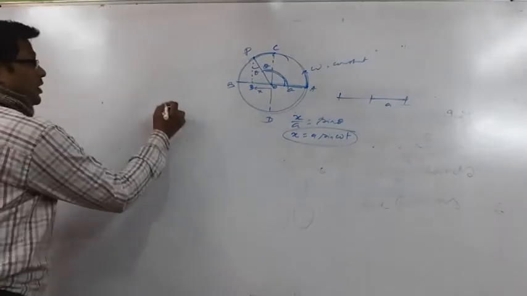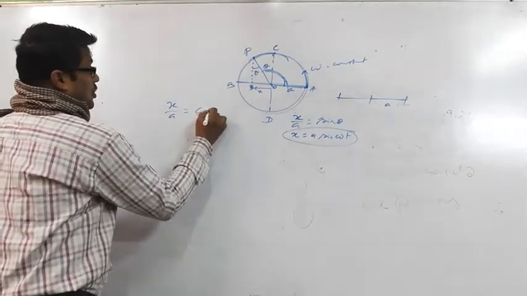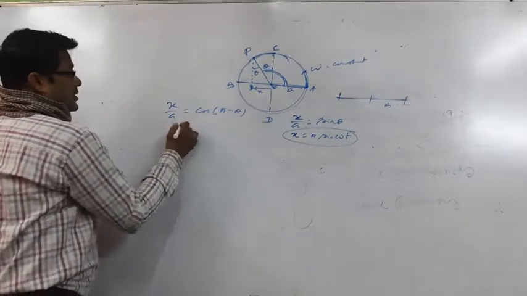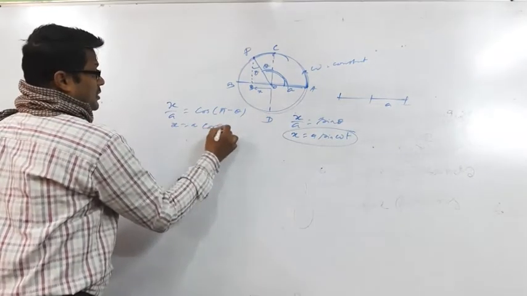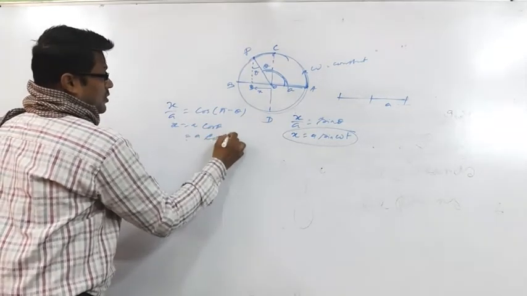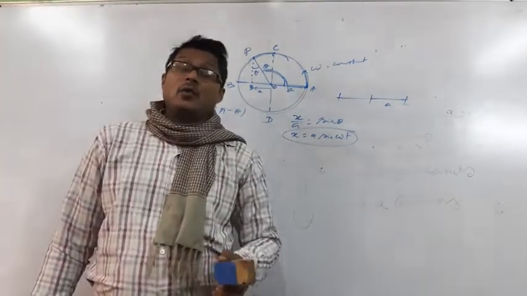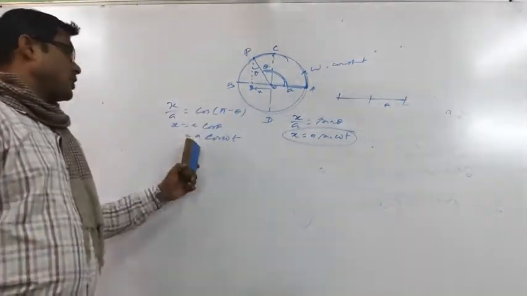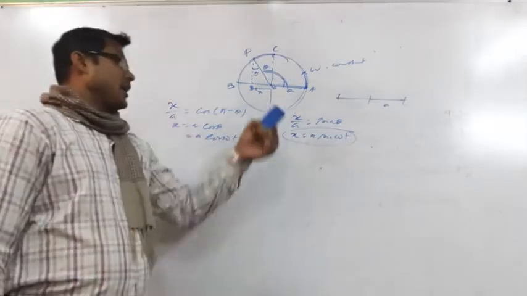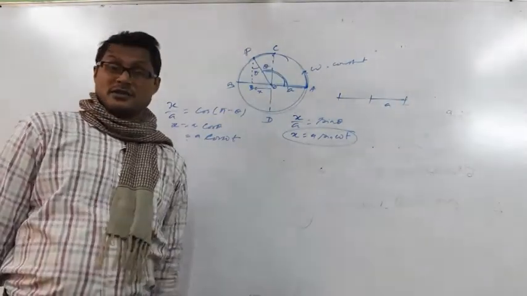But the equation will now be x by a equals cos (pi minus theta), that is x equals a cos theta, that is a cos omega t. So this is for time calculated from the end position, and the earlier one is for time calculated from the equilibrium position.